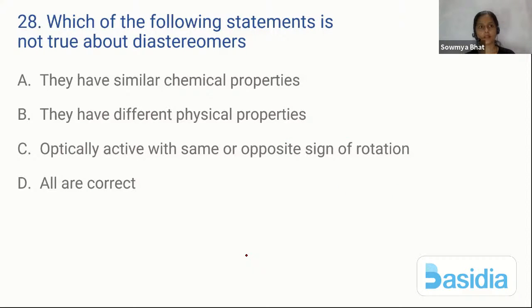Which of the following statements is not true about diastereomers? When you say diastereomers, I'm just going to take one example. We'll write the different groups here. So this is X, this is Y, this is Y, this is X. I'm just putting random groups.